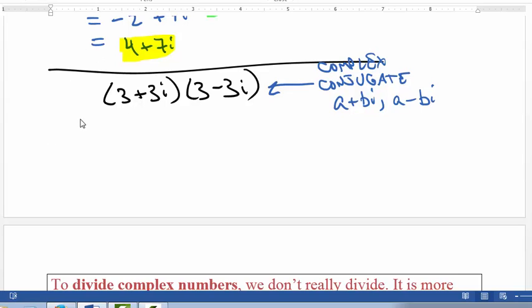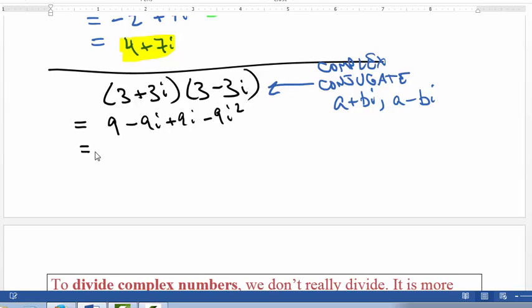So what I'm doing here is I'm multiplying complex conjugates. And you'll see what's interesting here: when I multiply the first terms, I get 9. Then I do the outside ones, that's -9i. The inside ones would be +9i. And then the last ones would actually be -9i squared.